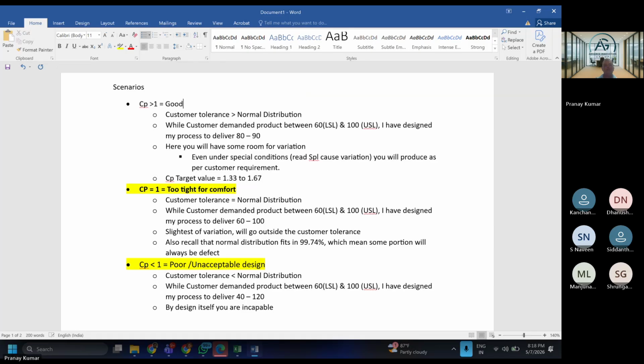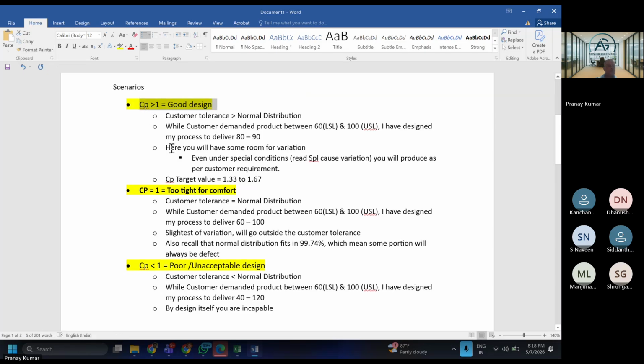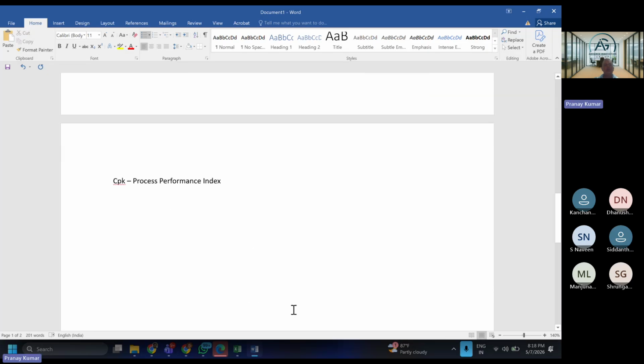Good. Against your design, what you actually did is represented using CPK.